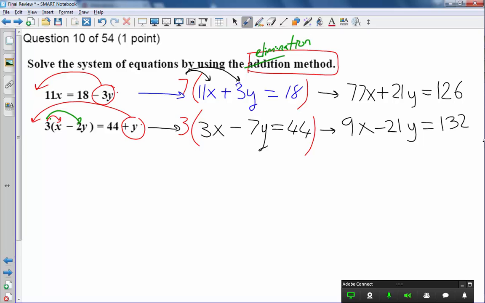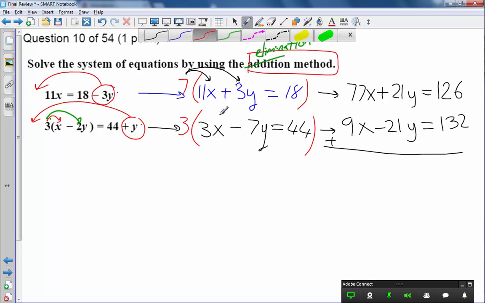Oh, how great is this? Look, when I add side by side, you have positive 21 of y's and negative 21 of them. In total, how many do you have? You have nothing, 0 y. They will eliminate each other. Okay?